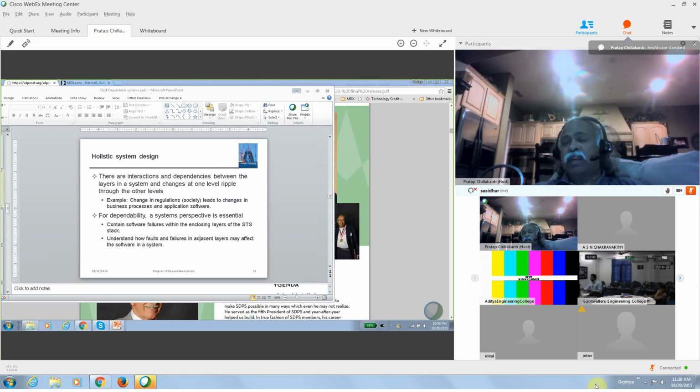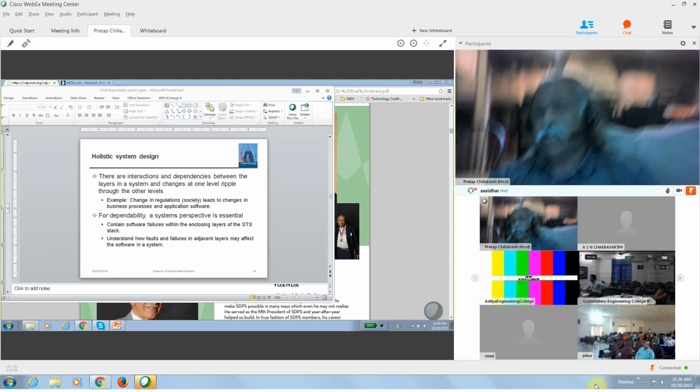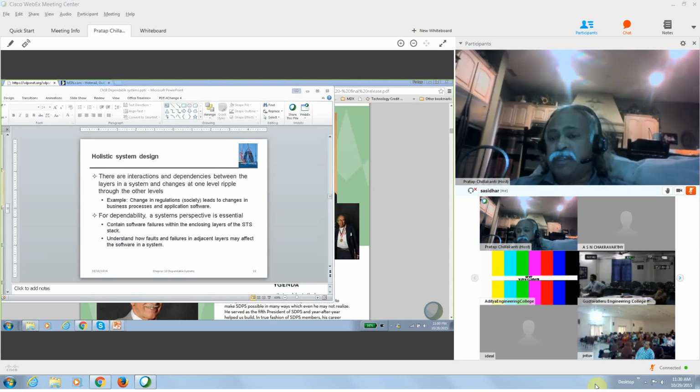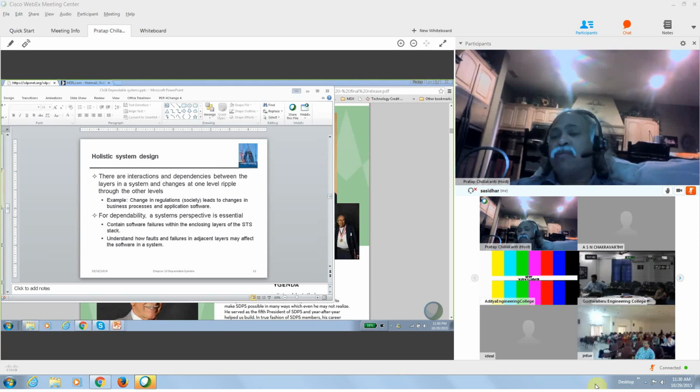When that standard was imposed, what it basically meant was all the associations, organizations which are involved in healthcare, they needed to follow some more stringent accounting practices and other business practices, which did not exist before.